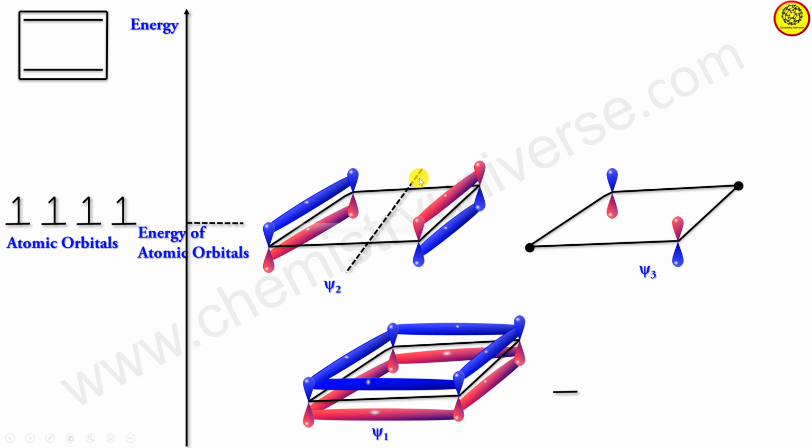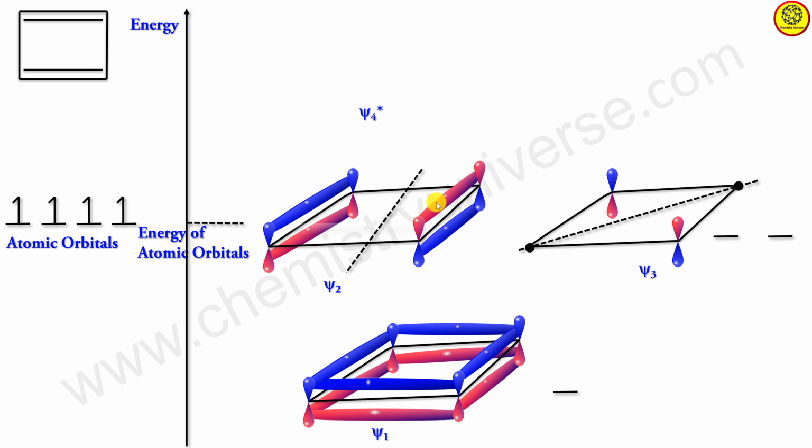Can you see this is net 0 bonding and 0 antibonding? Here 0 bonding, no antibonding, again it is 0. This is the nodal plane. So these are 0 bonding and 0 antibonding, which means that their energy will be almost equal to the level of atomic orbitals, because they are net neither bonding nor antibonding, and these are the two levels.